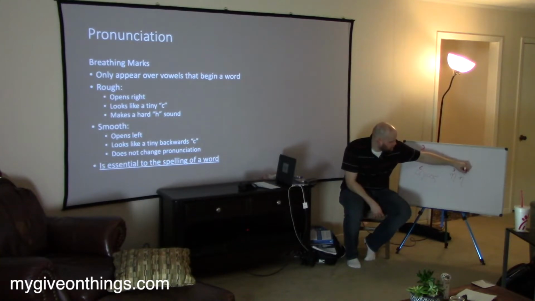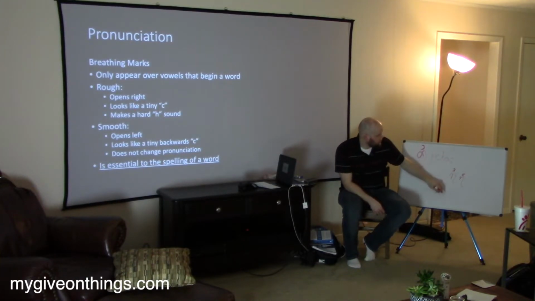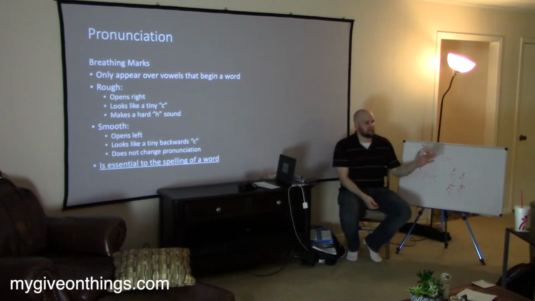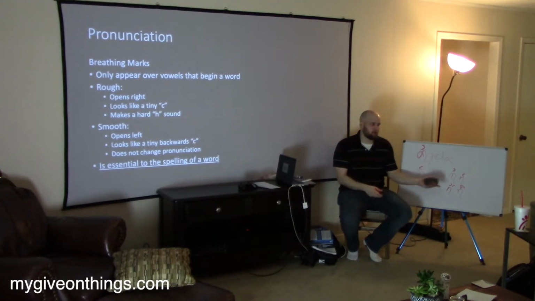If it has a rough breathing mark, it means another. And then we're about to get to accents. If it's got a smooth breathing mark and an accent, it means one thing. If it's got a rough breathing mark and an accent, it means another. So there are four different ways the word can have four different meanings, and it all depends on the breathing mark and, in this case, the accent also. That's very rare, that the accent changes it.